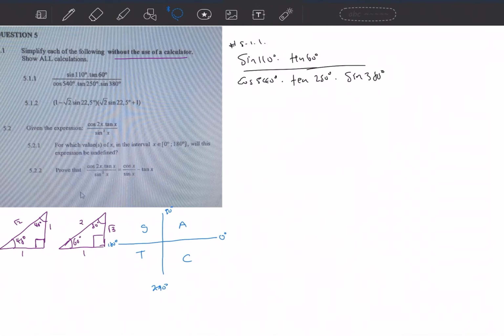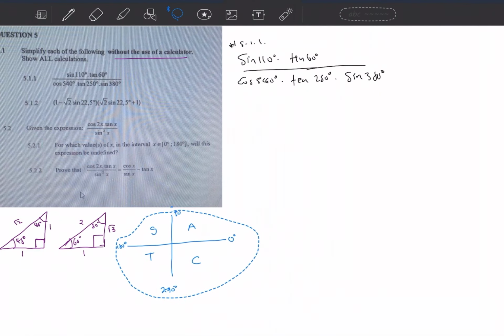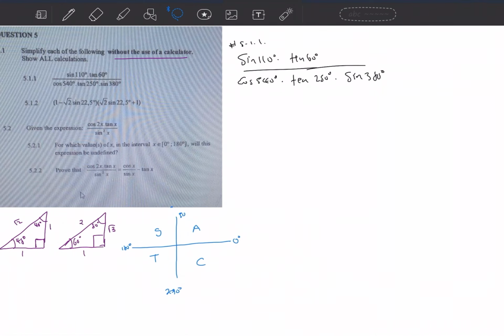But I want to extend this. This can go as far as you can. Every quadrant is 90 degrees bigger, so this will be 270 plus 90 degrees, that's 360. This could also be 360 plus 90 degrees, that is 450 degrees.